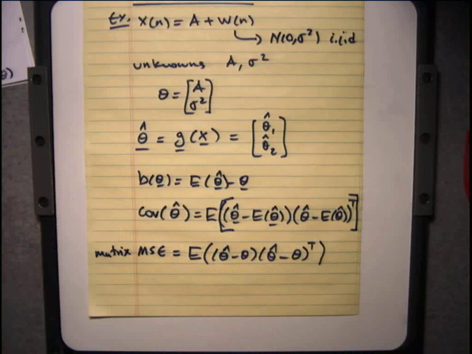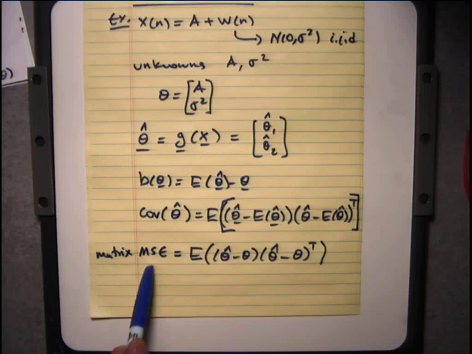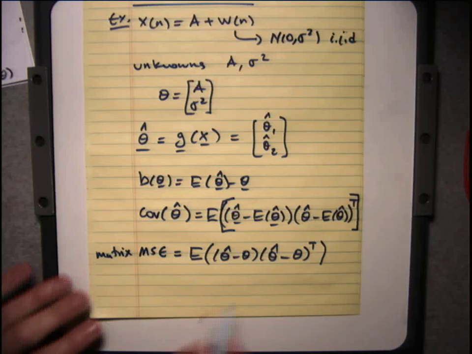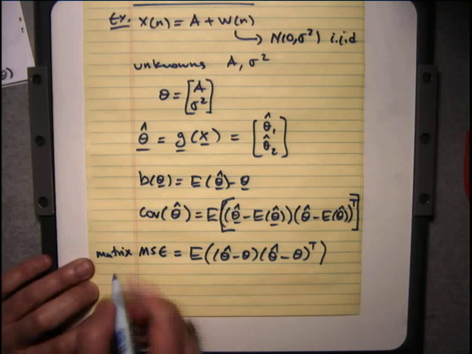You can, in fact, compute a scalar version of this too, if you want an idea of the mean squared error incurred in estimating all the components of theta. In that case you simply consider a sort of diagonal version of this.